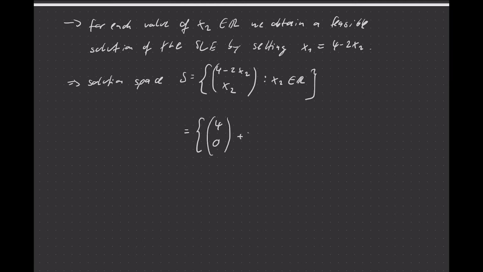And then we write plus x2 times, and that's the x2 dependent part, minus 2 here, and 1 here. Like this. And again, x2 in R. Now this x2 would be called a free variable, but we get to that in one of the next videos in some more detail.